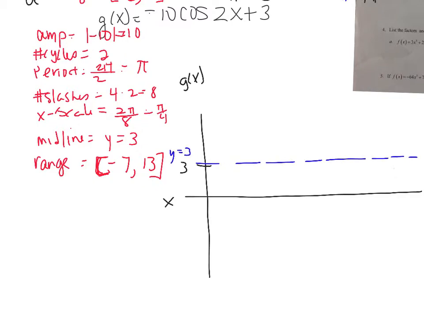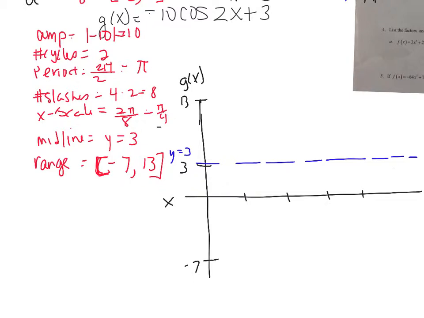There's y equals 3. I'm also going up to 13 and down to -7. All right, so now I need to figure out how many slashes I actually need. Now, if you look here, I have 2 cycles in 2 pi. I don't want 2 cycles, I want 1 cycle. So I have to take my number of slashes and split that in half. So instead of having 8 slashes, I'm going to have 4.